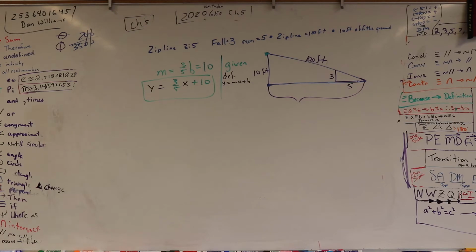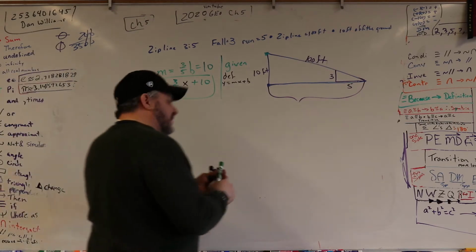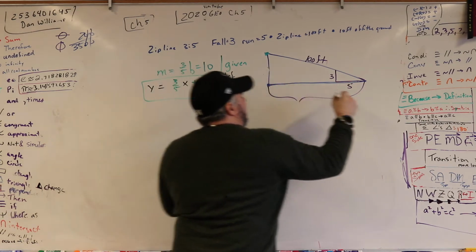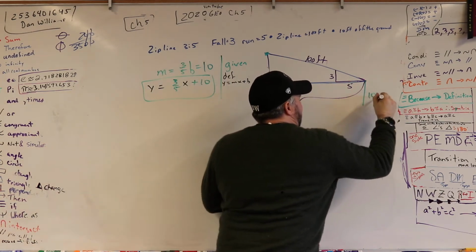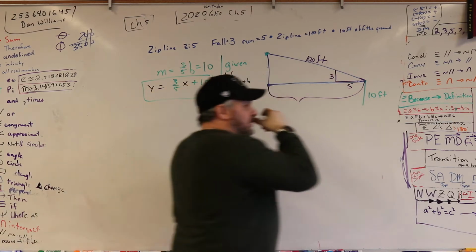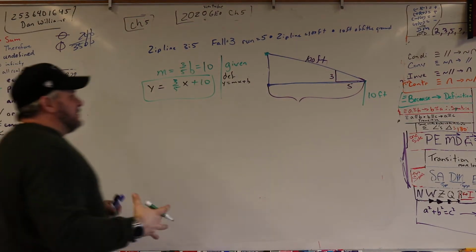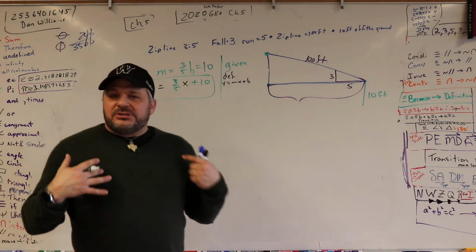Oh, the end of the zip line is 10 feet off the ground. I was getting confused because that just does not work. The end of the zip line is 10 feet off the ground. I was like, that doesn't work. It's not the same slope.